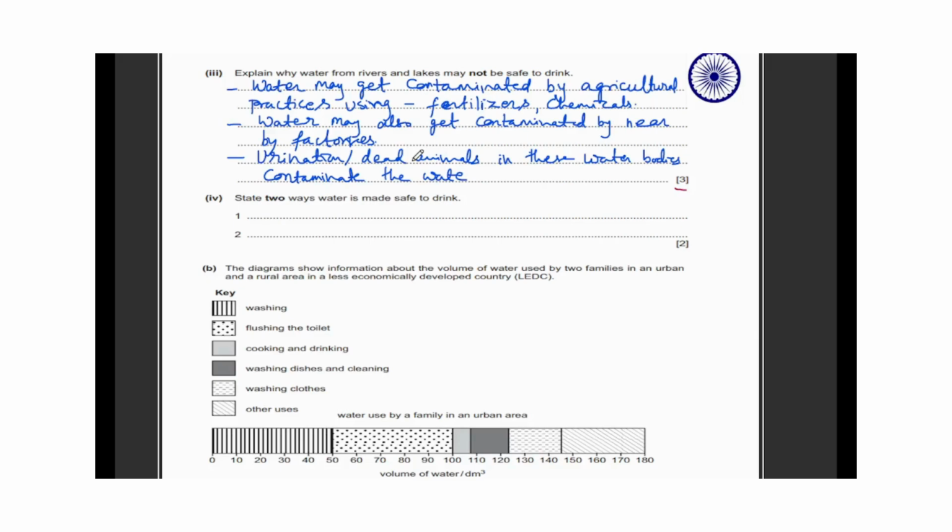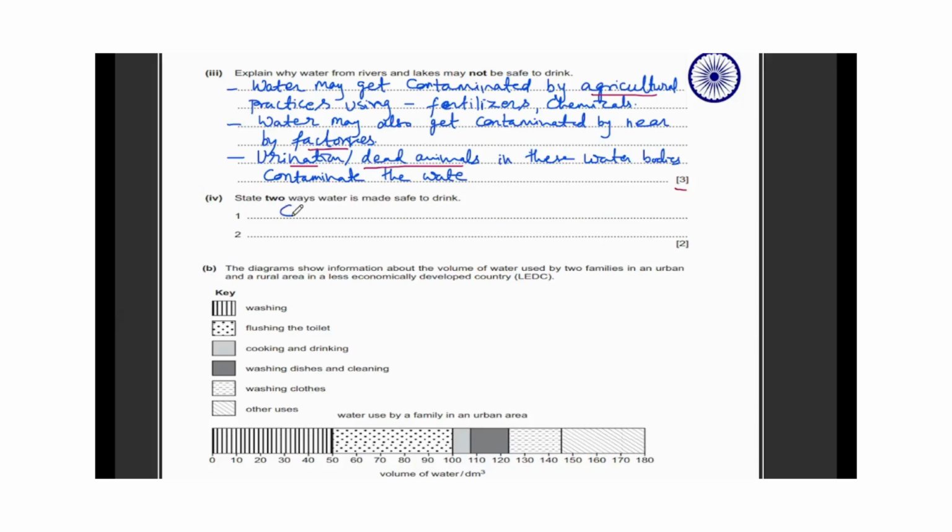State 2 ways. Keywords I hope you got here. I think no need of underlining it, but still, one is agriculture, second one factories, and dead animals, urination. Fine. Moving to the next one. What's the next question? The next question is 2 ways water is made safe to drink. There are 2 ways.